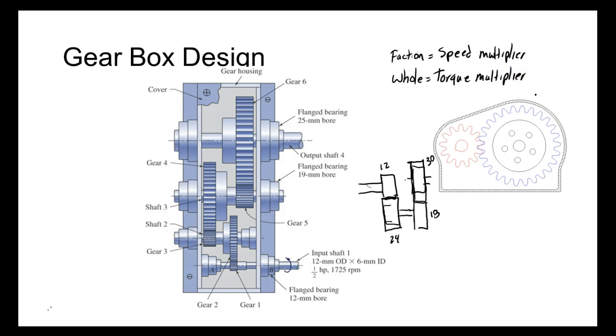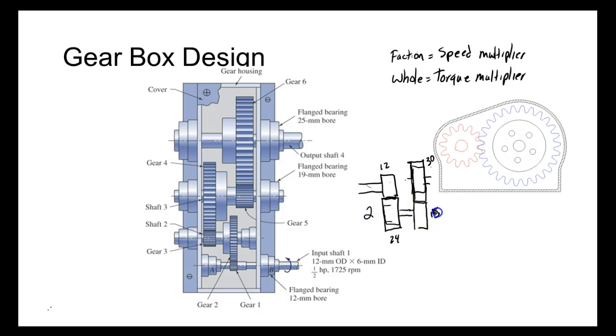So what would this be? Well, we're going from little to big. We're going from 12 to 24. So anytime we go from little to big, it's a torque multiplier, right? And then here, we're taking that over here, and we're going from 18 to 24 over here. You understand that? So here we would get a torque multiplier of what? 2.